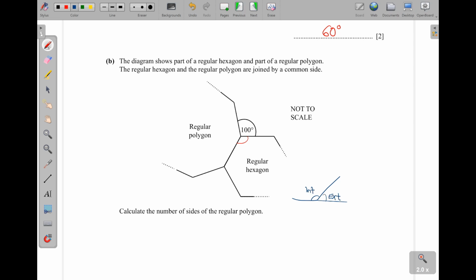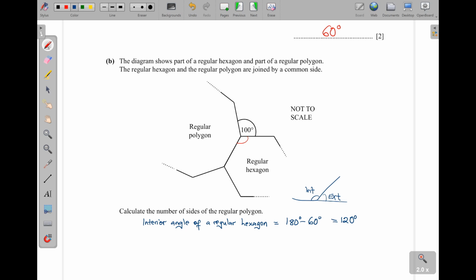These angles lie on a straight line, so they add up to 180 degrees. So I can begin by finding the interior angle of a regular hexagon. It is going to be 180 minus its exterior angle, which is 60, and the answer becomes 120.